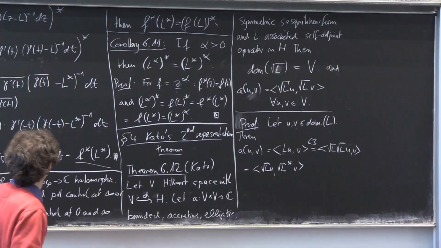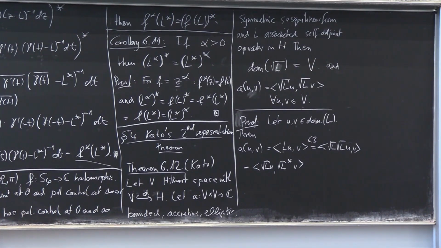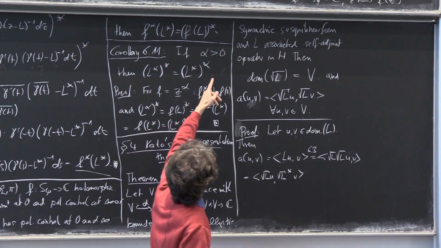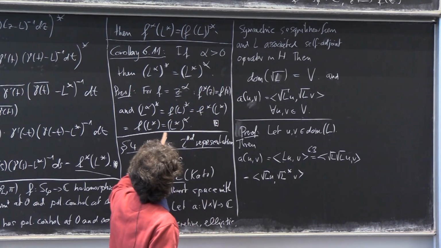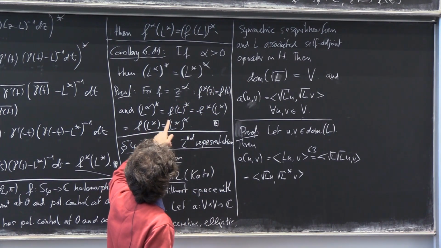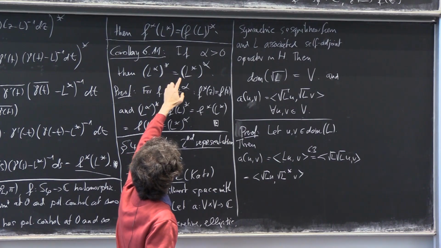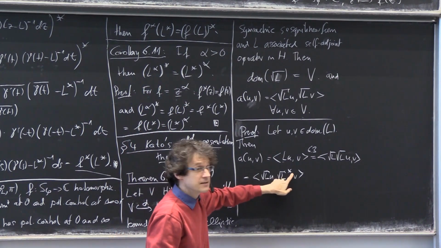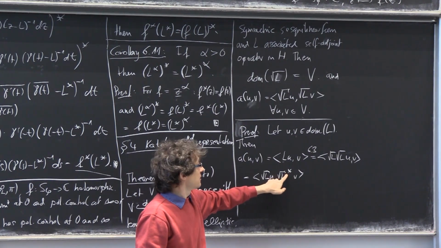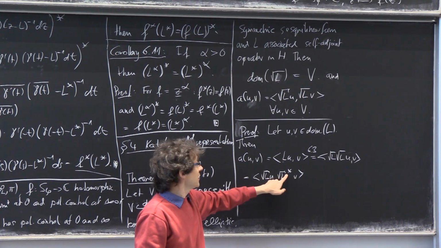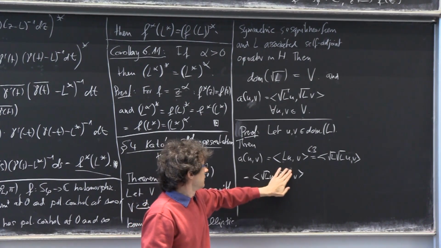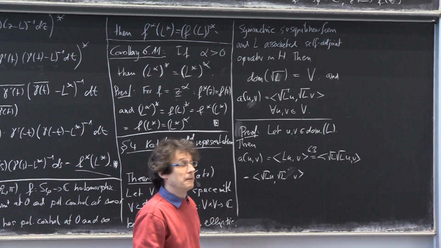But now, the square root of L is in particular a fractional power with a real exponent. So we know that the fractional power of the adjoint and the adjoint of the fractional power are the same, so I can take this star and put it under the square root. But if the star is under the square root, there is L star, and L is self-adjoint, so the star is not there.